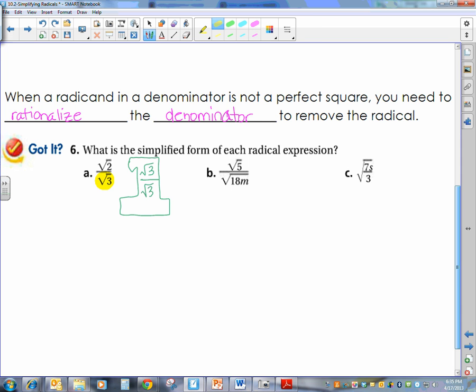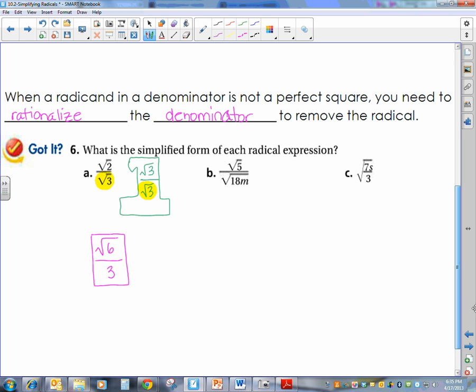So this is my denominator, so I choose to multiply it by itself, and whatever I do to the top, I have to do to the bottom also. So when I simplify this, the square root of 2 times the square root of 3 is the square root of 6. And as we've talked about, square root of 3 times the square root of 3 is 3.